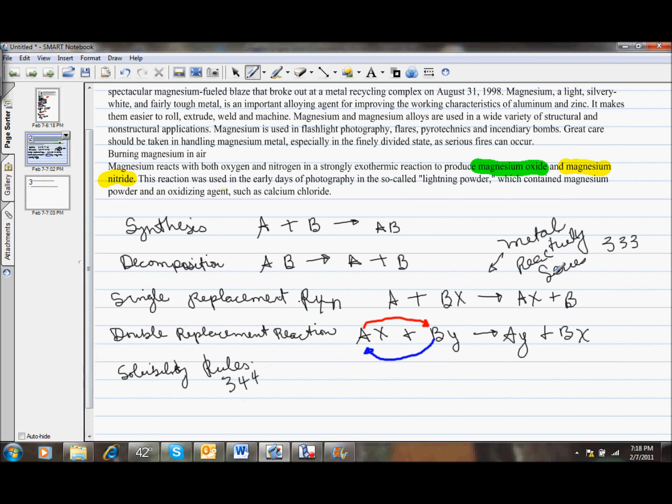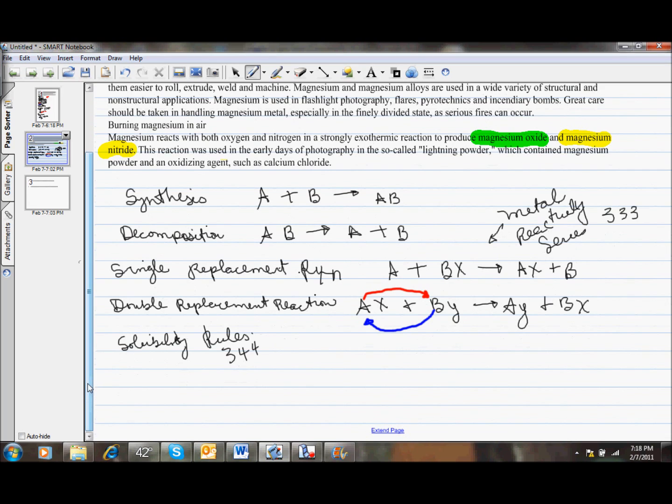I did mention in class that your metal reactivity series needs to be memorized. The one in the textbook is the one that I would like you to memorize, and I'll try to stick to using those on the test. If not, I'll give you the reactivity series that I would like you to use. Solubility rules, you really do need to know those, but I will allow you to use a copy of those on your test.